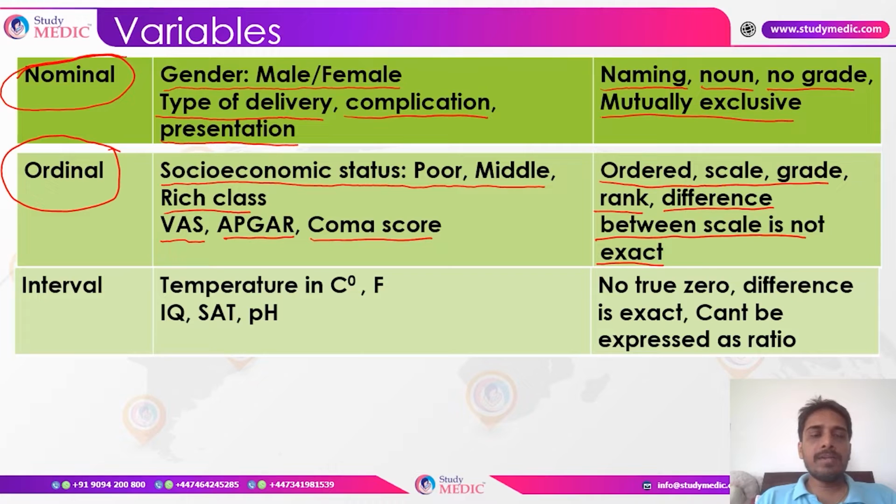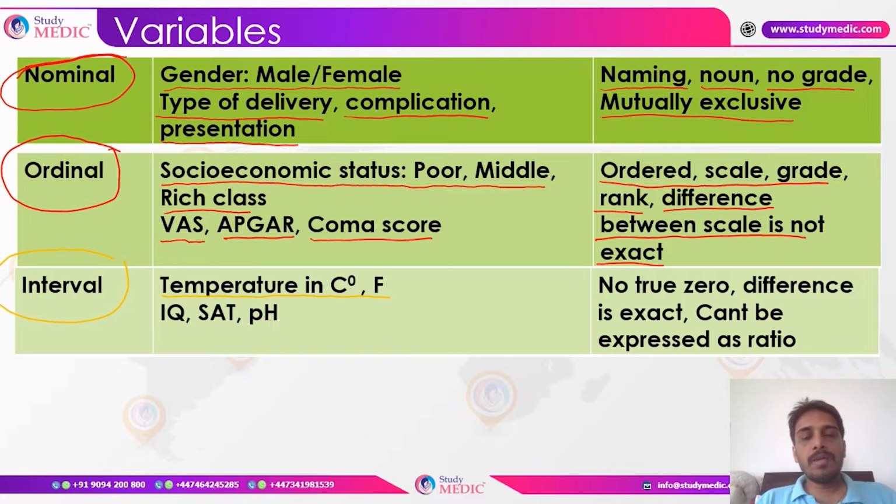The next, numerical variables, are either measured in the interval scale. For example, temperature in degree Celsius or degree Fahrenheit. You can see that 0 degree Celsius does not mean an absence of temperature.